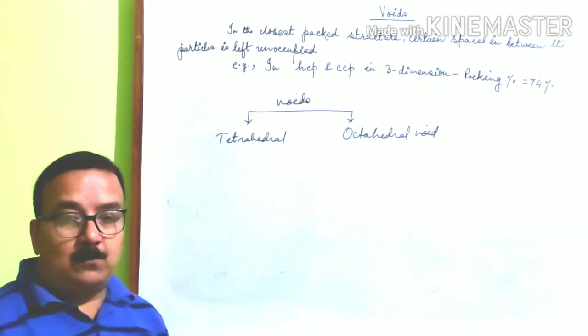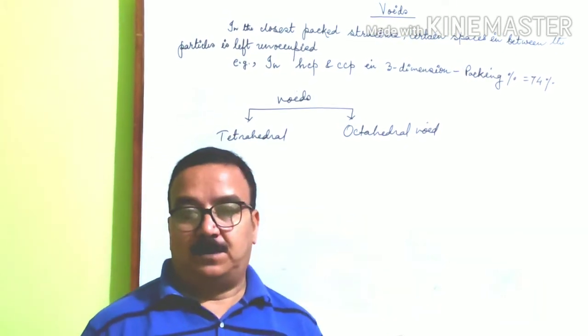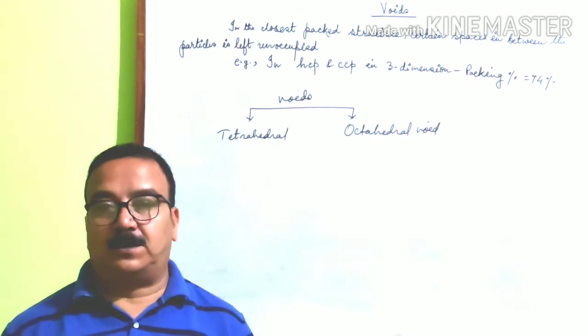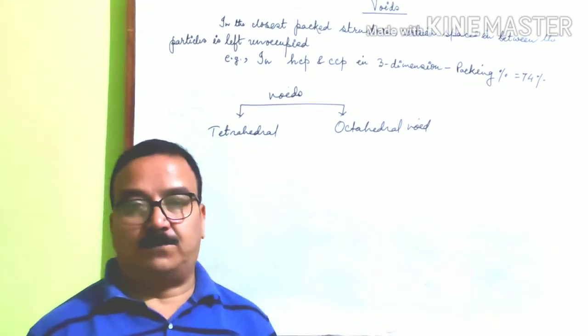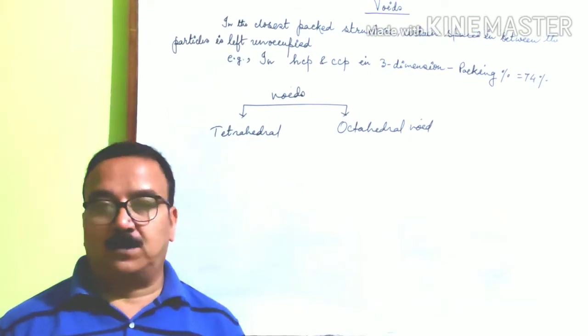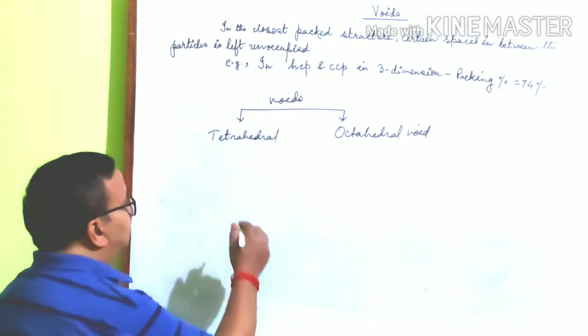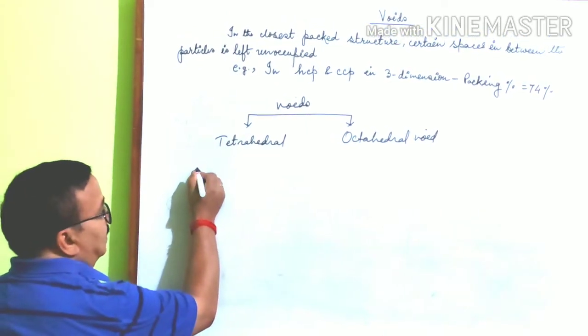Now, how are these voids formed? Tetrahedral and octahedral voids, how they are formed. So let us discuss one by one. First one is tetrahedral void.